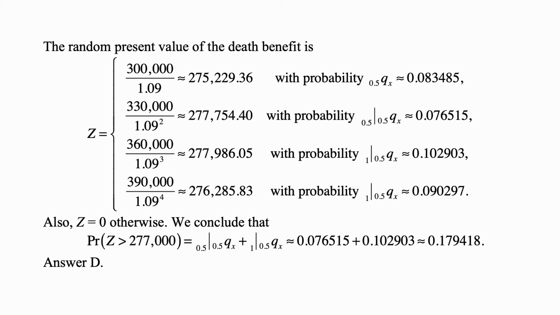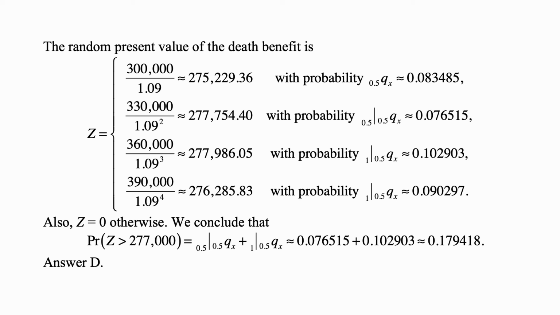That's approximately 277,754.40, with probability 0.5 deferred by 0.5 years, 0.5 qx, which we calculate to be approximately 0.076515.